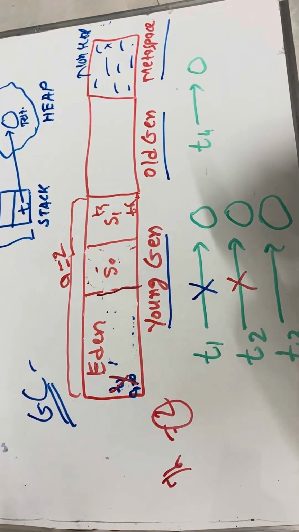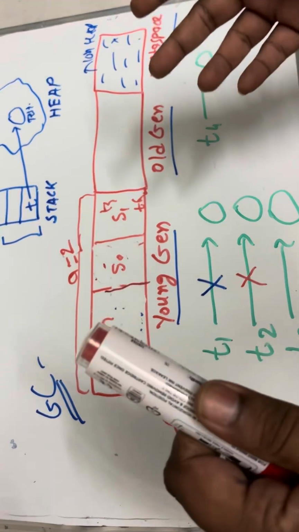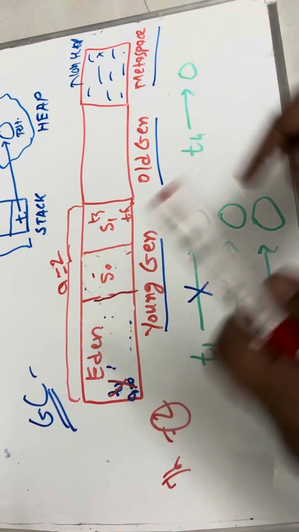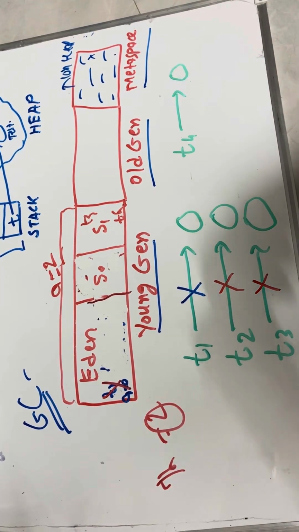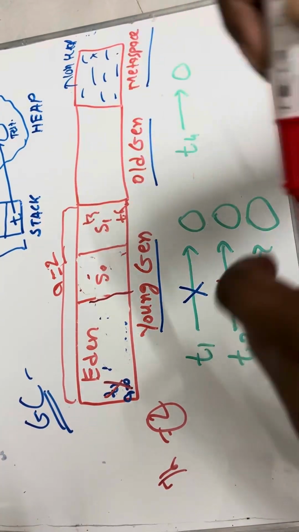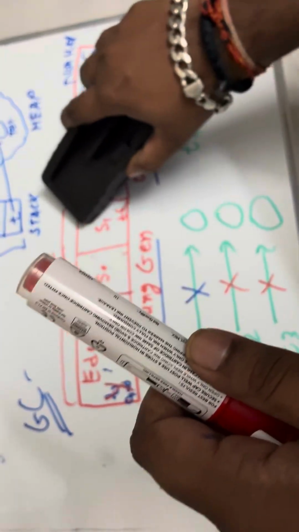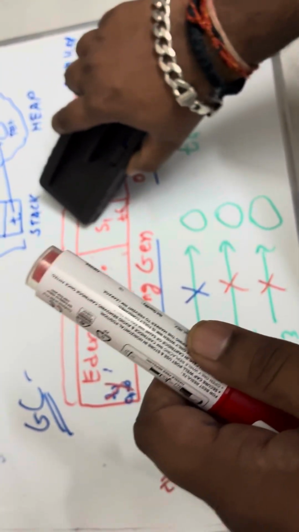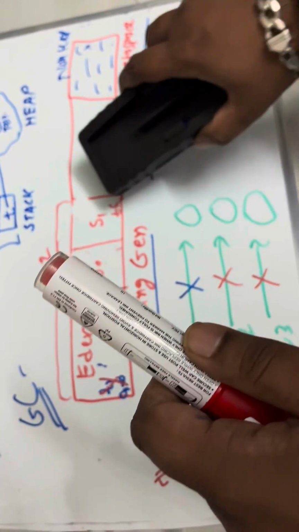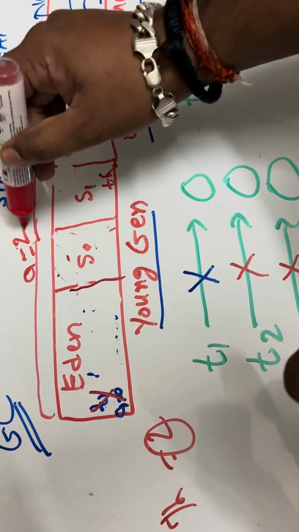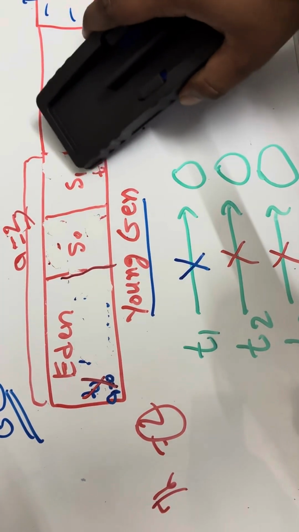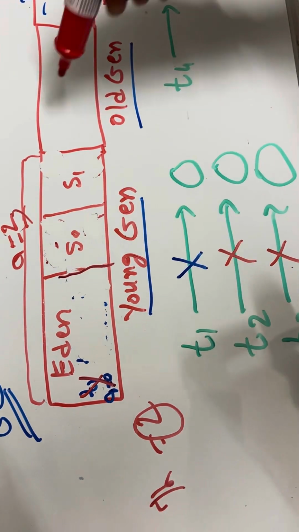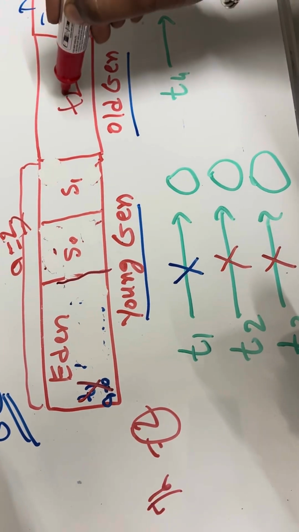Let's assume again after some time my reference to T3 is lost. In that case my T3 object will be eligible for garbage collection, so it will be removed from heap memory, and T4 still survived and its age became 3. As we defined the threshold as 2, T4 will be moved to the old generation.